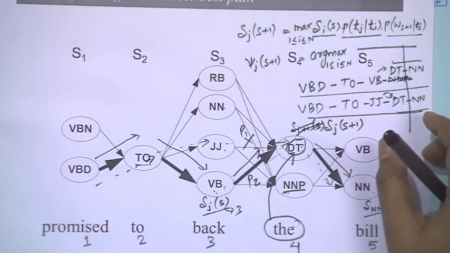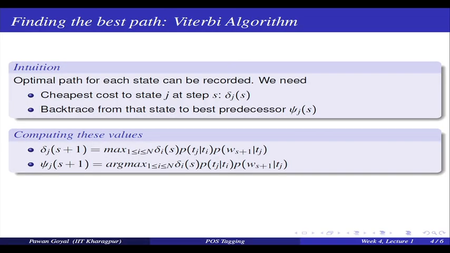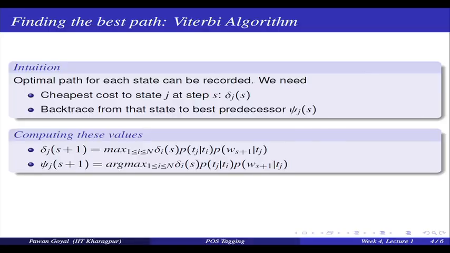Formally, I am storing at each step s the cheapest cost, the best probability of reaching there, and also the predecessor, and using that I am also computing the probabilities for the next step. That is similar to what we have seen here: the probability at the previous step, transition probabilities and the emission probability, and I take the max over all the previous possible states and also store the predecessor for the next step.